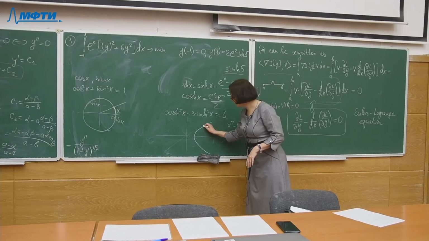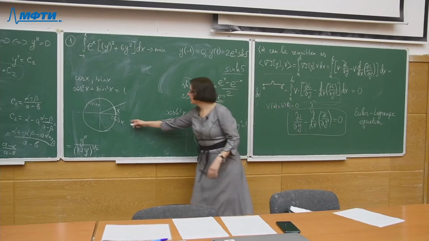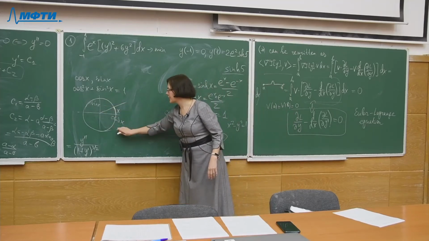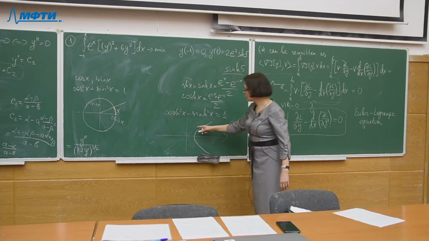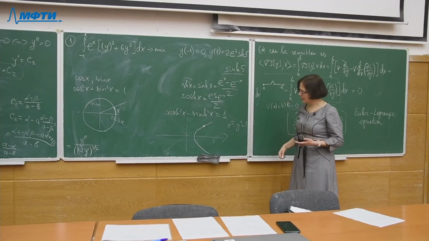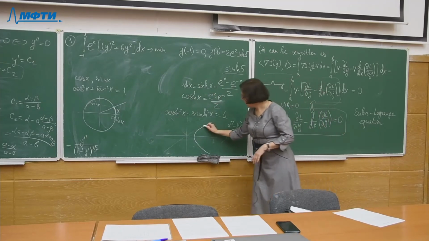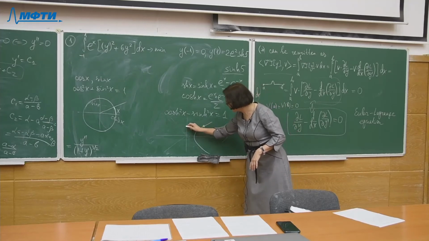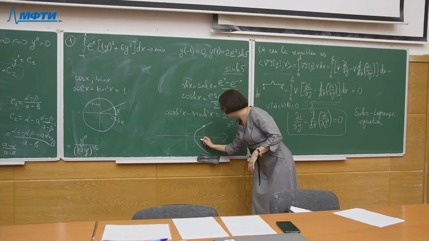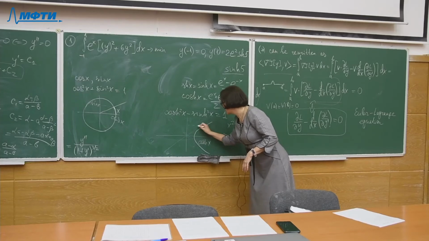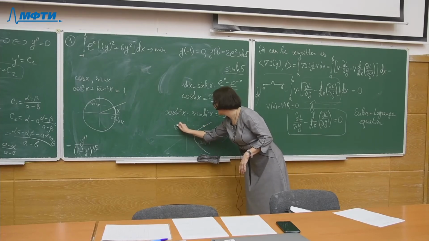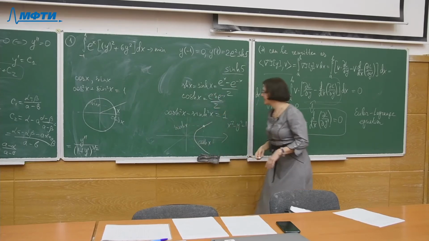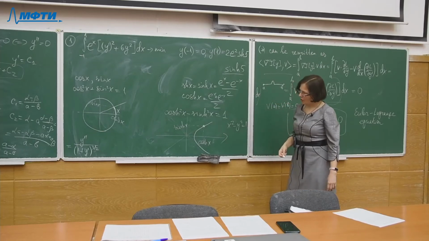Like for the circular functions, we draw the right branch of the hyperbola, and the two coordinates of a point on it will be cosh x and sinh x.